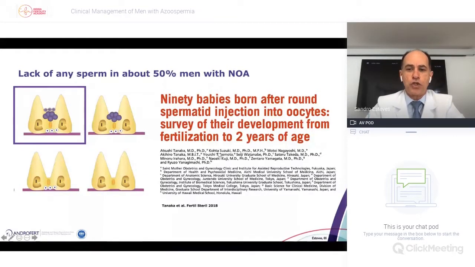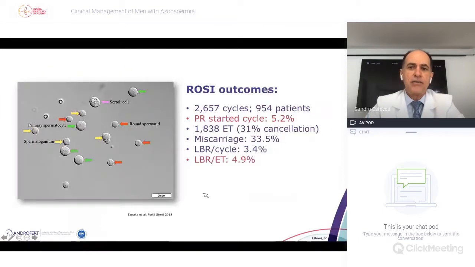If the patient has round spermatids, it has been tried to use the round spermatids for ICSI. And this is the group which has the largest experience in the world concerning the use of round spermatid injection. And the results are quite disappointing.